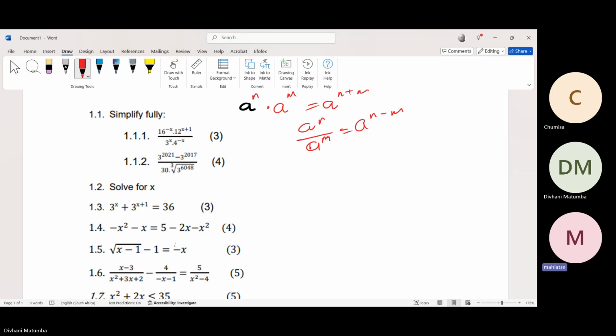Mahlatsi? Yes. Prime numbers only have two factors: one and itself. For instance, the prime numbers we have are 2, 3, 5. What's the other one, Mahlatsi?